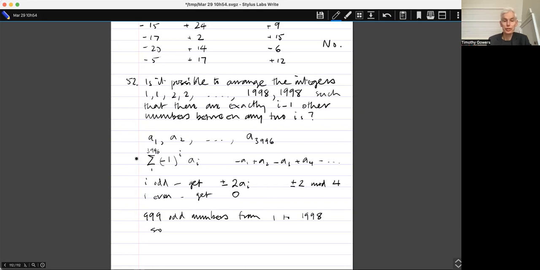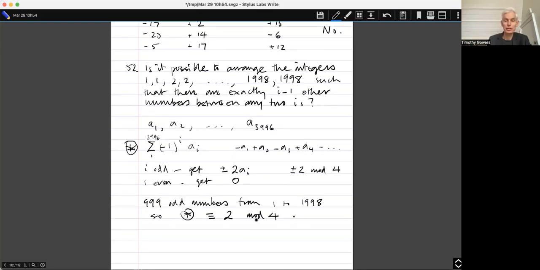So this thing here is going to be congruent to 2 mod 4, because if you've got an odd number of numbers that are 2 mod 4, then their sum will be 2 mod 4. So can I argue somehow that I cannot make something that's 2 mod 4? I'm not sure about that, but let's just think.